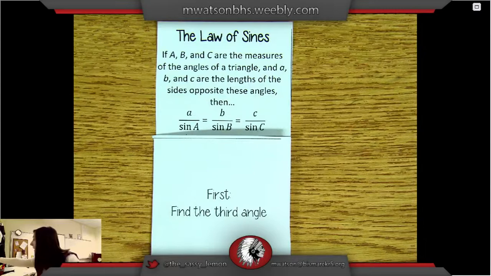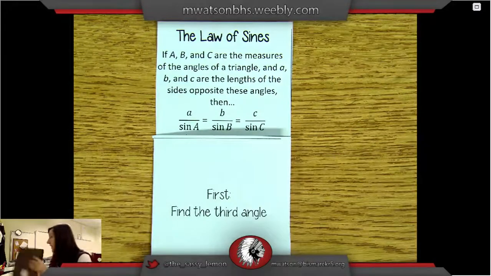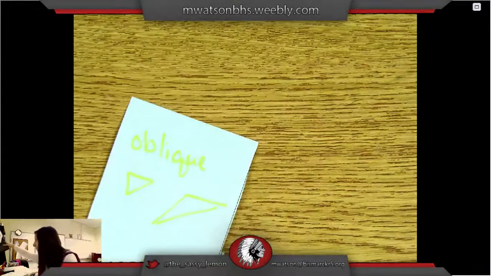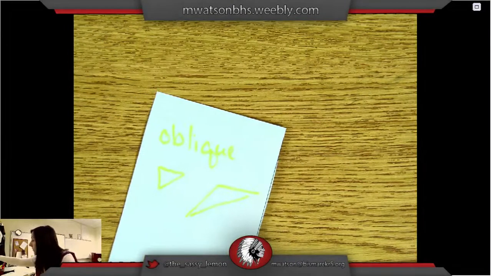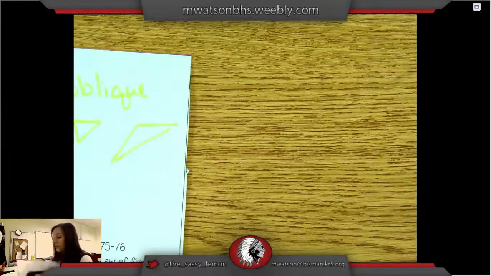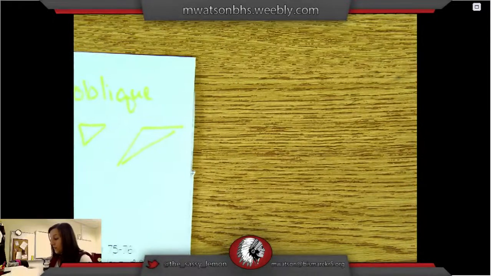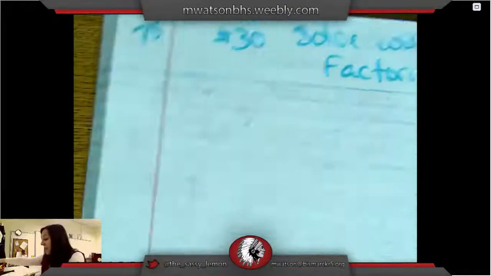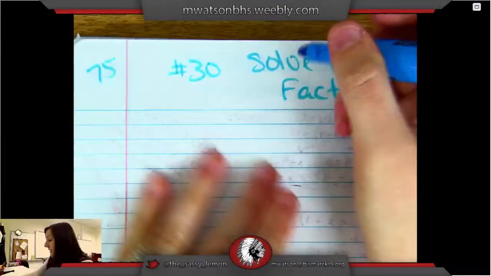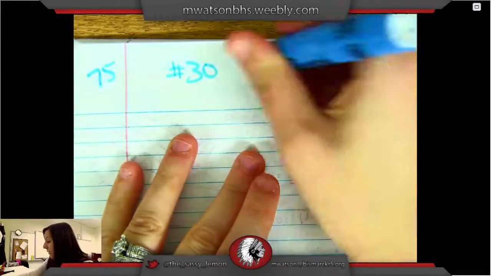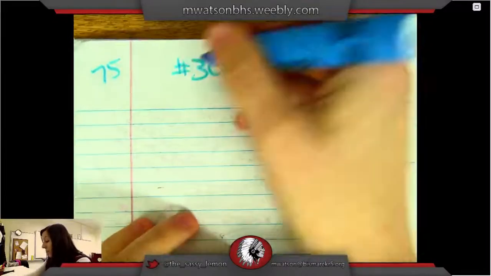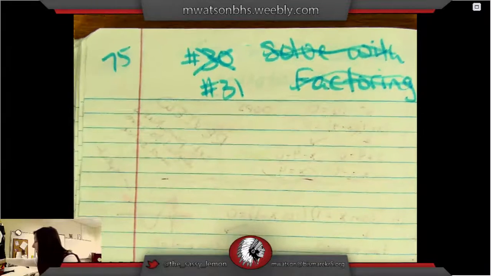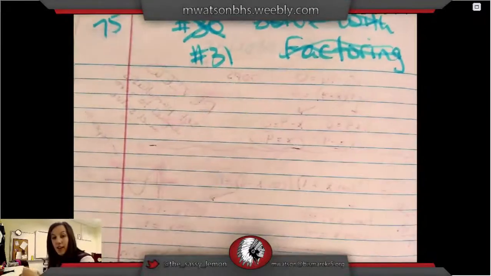So go ahead and in your ISN, we're going to put this on page 75. And just ignore that mine says solve with factoring because I wrote that on there a while back and it was wrong. So this is actually skill 31. Alright, so we're going to prove the law of sines.